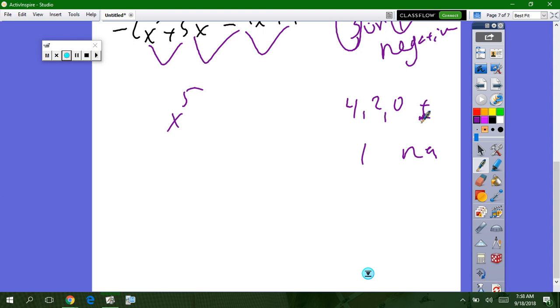Does that have to be x to the 5th? I could have 1 negative, 2 positive. I'm at 3, so that means I could have 2 imaginary solutions. I could have 1 negative and 0 positive, which means I have how many imaginary solutions? That's why you go down by increment.